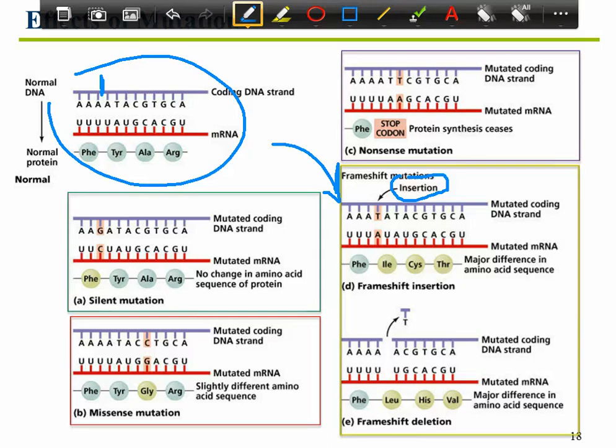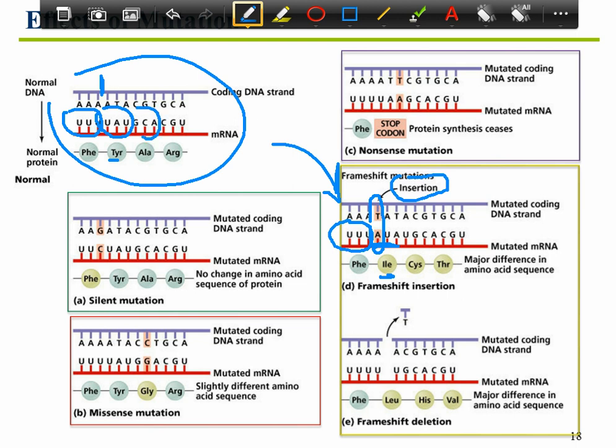The first codon was UUU here. It's still UUU here, so it hasn't changed. The next codon would have been UAU, coding for tyrosine, but because of that base pair added, we now have a codon AUA, which doesn't code for tyrosine, it codes for isoleucine.